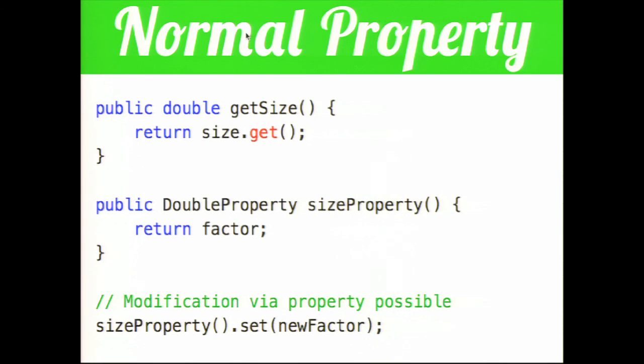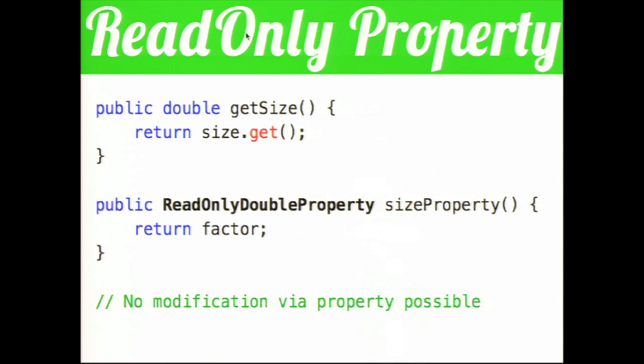But I would also like to listen to that. So I just have this size property stuff, and you do only that. It's still possible to set the values, of course, because the property itself always has the methods set and get. So not providing a setter helps you nothing here, because it's there.